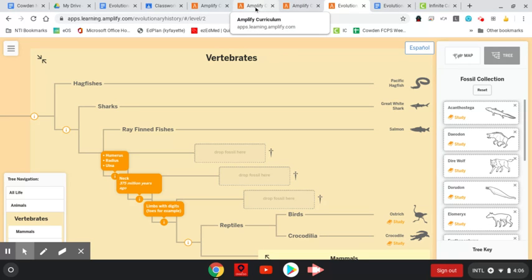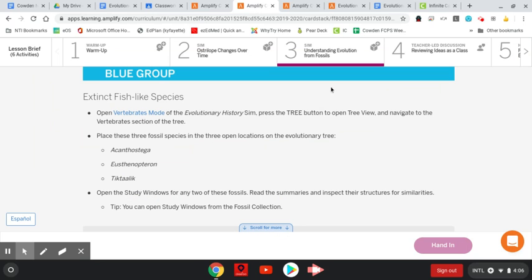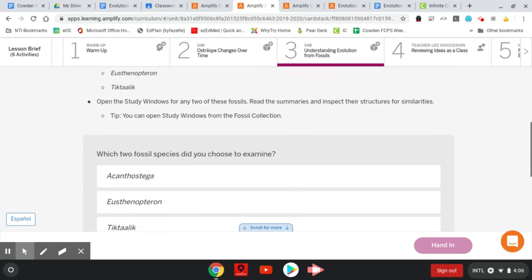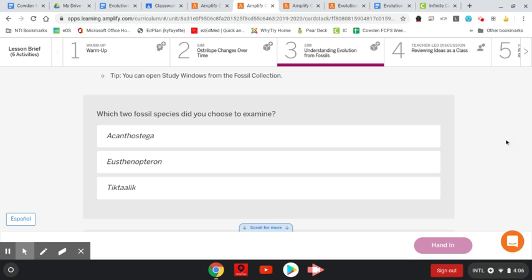So after you're done with the simulation, I would leave it open. It will help you answer the question. So, first thing you're going to do after you're done the simulation is pick 2 animals to study.